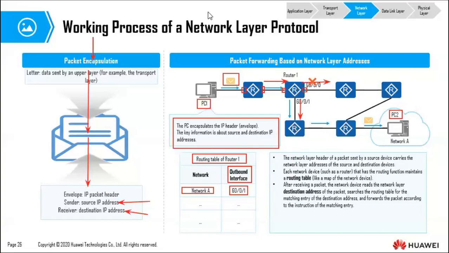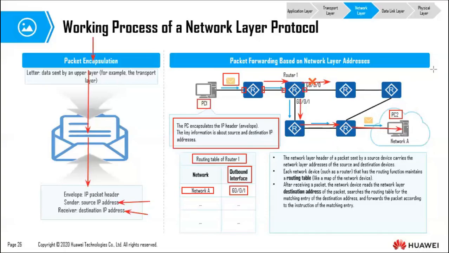Then after that, it gets here, this router looks at its routing table and sees that if I have a packet going to network 1, I have to send it there. It finds that this destination is actually in my locally connected network. So I simply forward it to the destination PC, which is PC2.